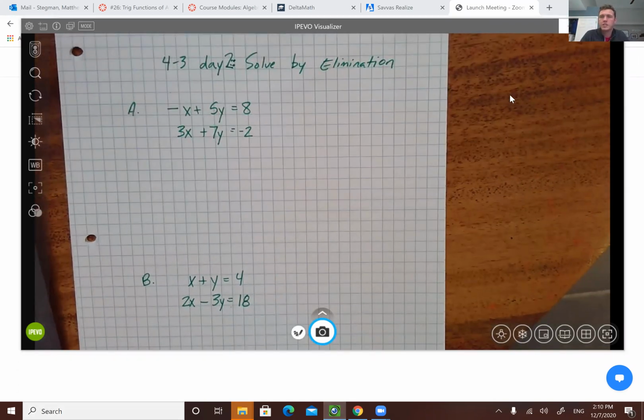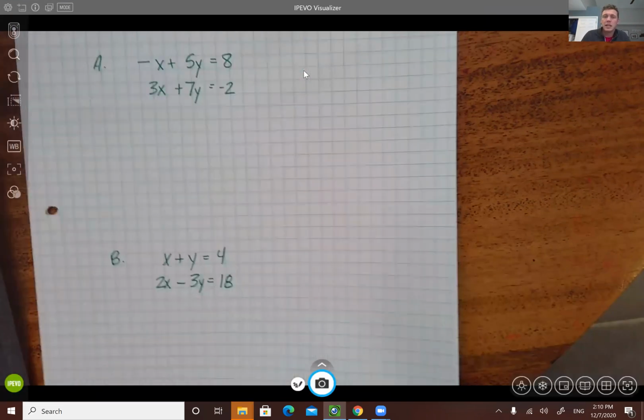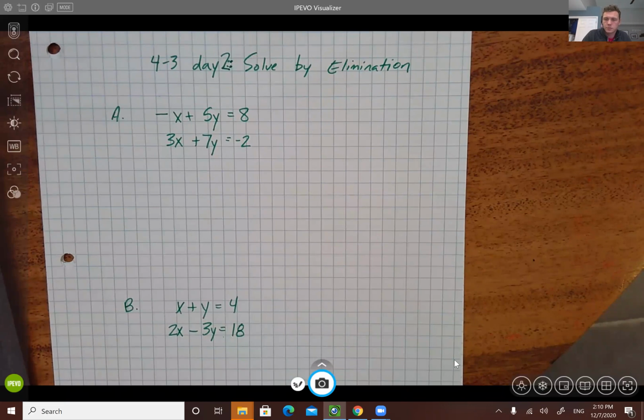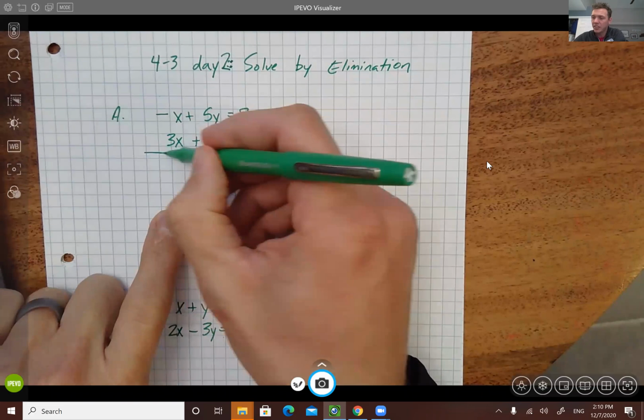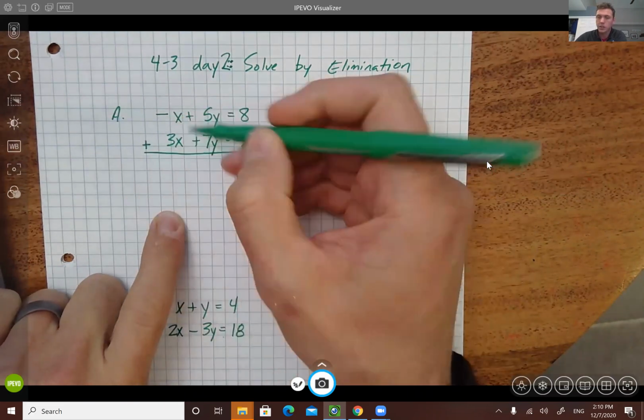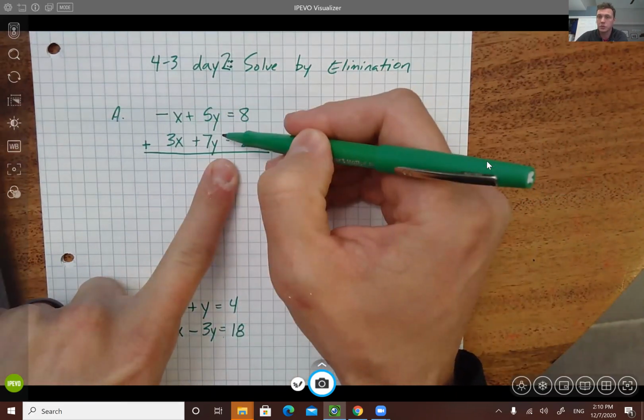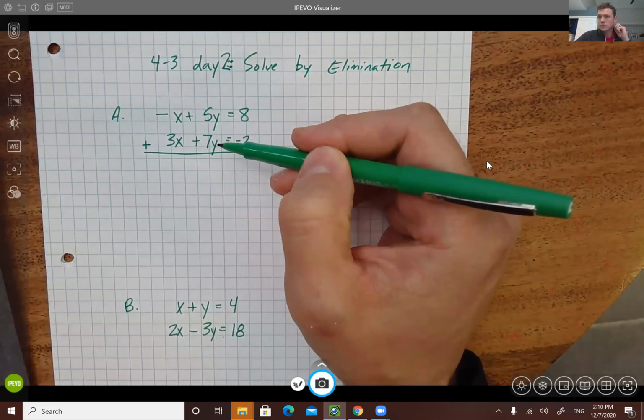The reason why I say these are more challenging is because normally when we did elimination on Thursday, we wanted to add these together so that one of them cancels, right?